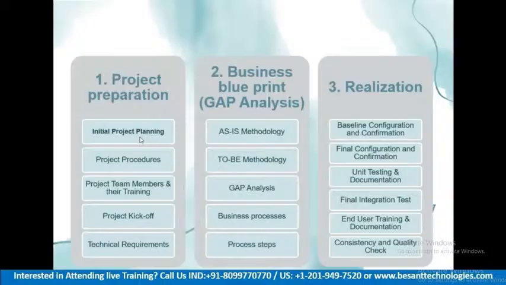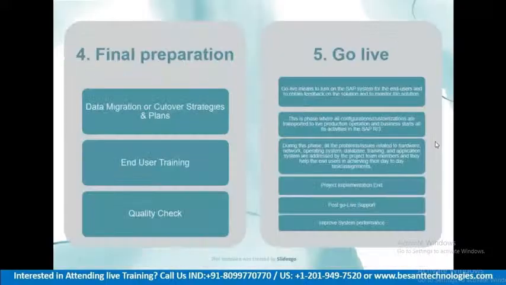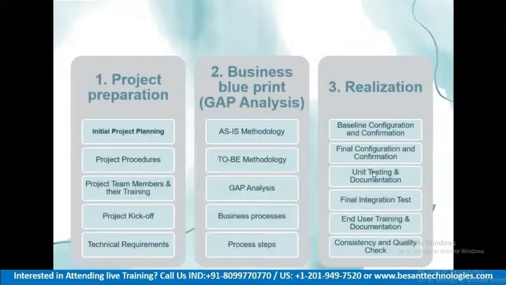So these are some of the activities phase wise. In the first phase, project preparation, these are the activities which we have. This is anyway outdated. I'll tell you about the latest updated strategy later. Basically in the old strategy, this is called accelerated SAP methodology.